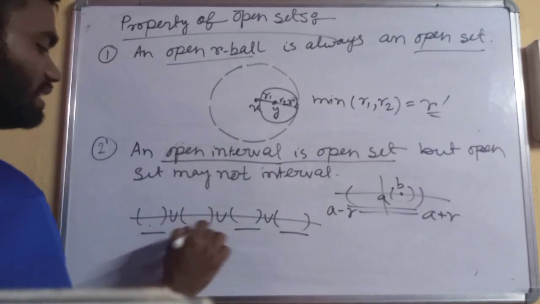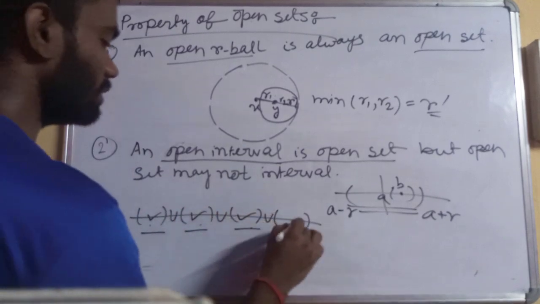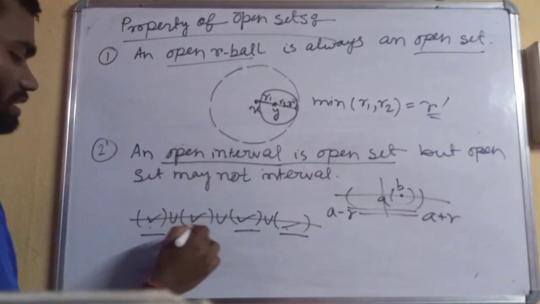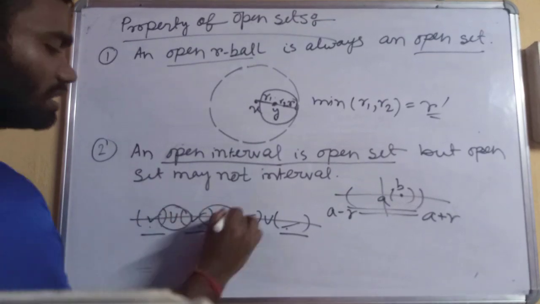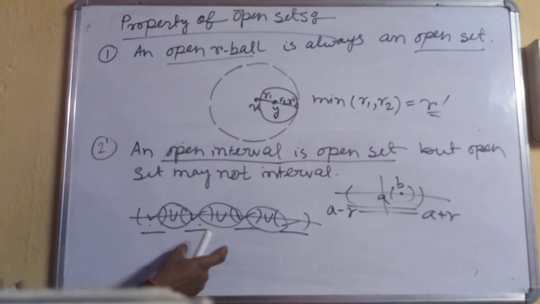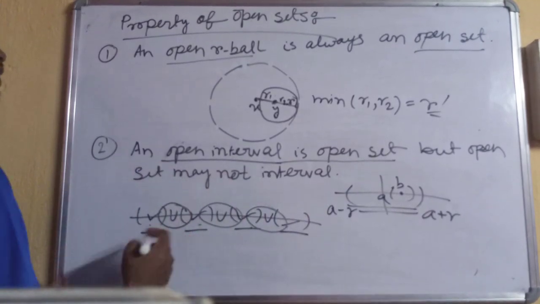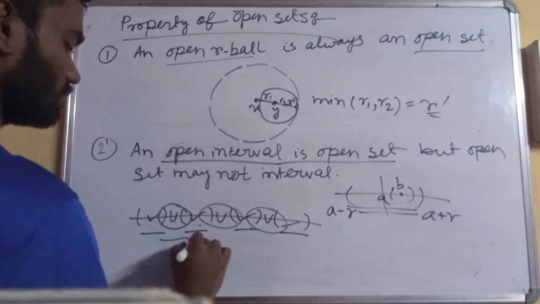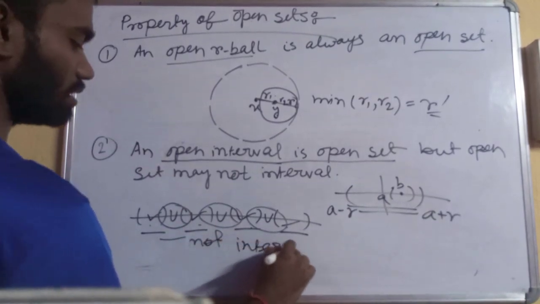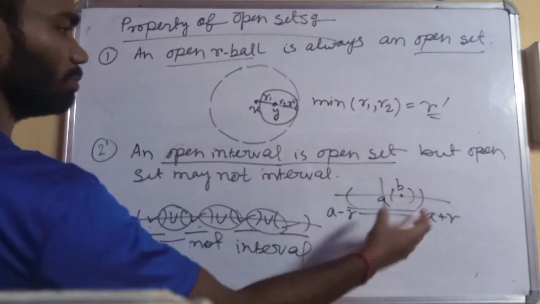The union of these open intervals is open, but it is not an interval, because we know an interval is always connected, but here they are disconnected. So it is not an interval. That is why an open set may not be an interval. It may be an interval, it may not be. Here it is not an interval, and in that case where it is an interval, it is open.